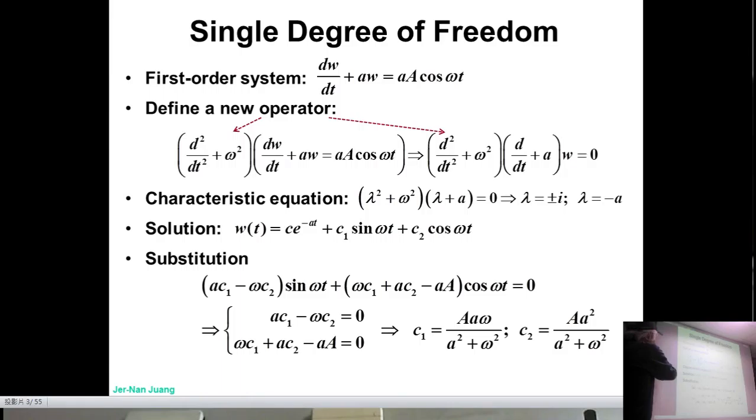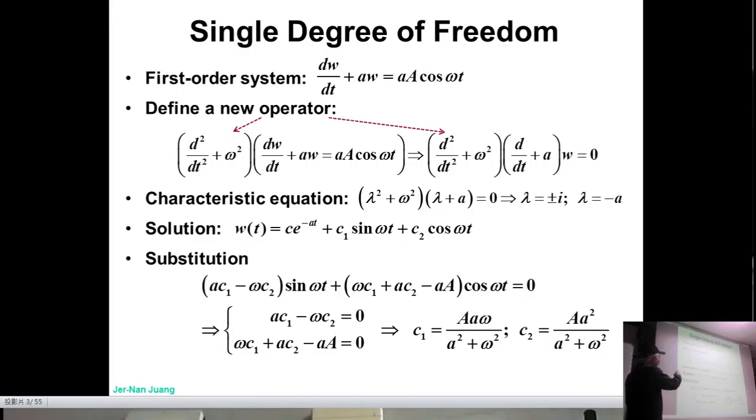So a substitution of that solution into the first order system equation, then the homogeneous part that's involved, the C, will be gone because that's the homogeneous solution, right? So you get C1 and C2.